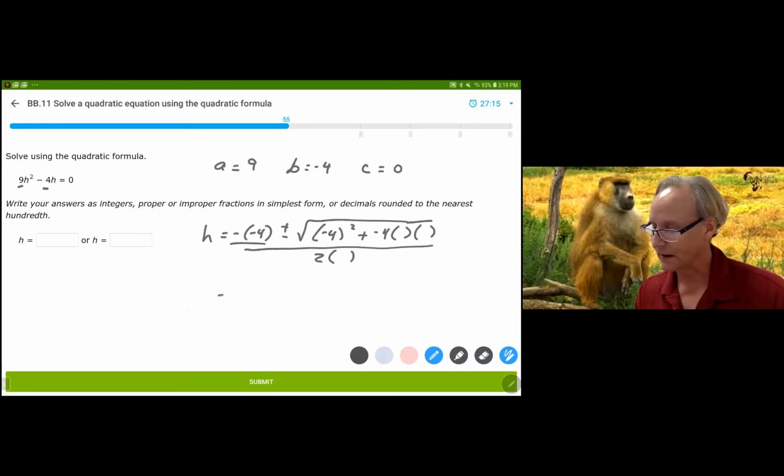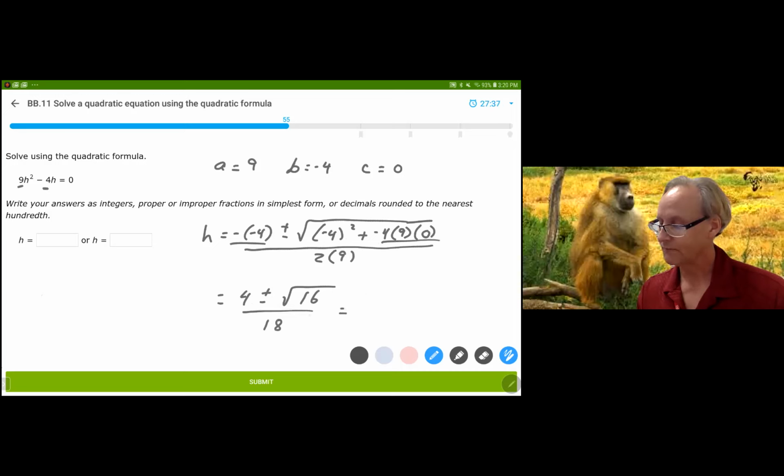Okay, so we've got a +4. We've got plus or minus the square root of 16. This is going to be 0 because our a and c are going to get multiplied, and that's going to give us 0 right there. And it's all over 2a, which is 9. And that's going to be over 18.